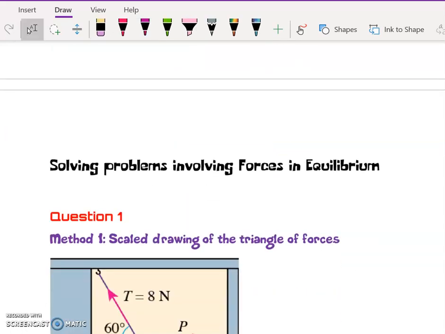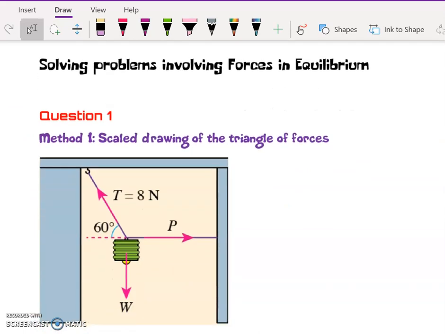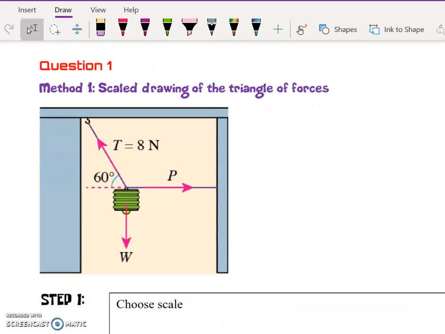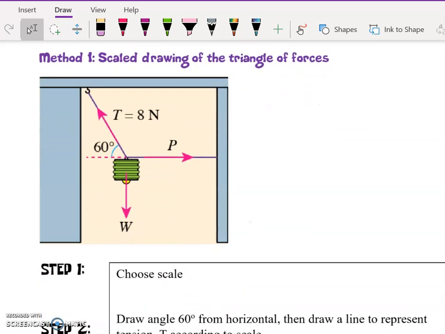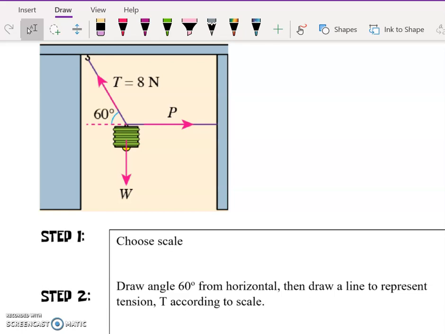Okay, so now we are going to look at a few questions to find the magnitude of the forces. So method number 1, to find the magnitude, we can use scale drawing of the triangle of forces. So let's use this question. First, you can draw a rough drawing, just like the previous exercises.